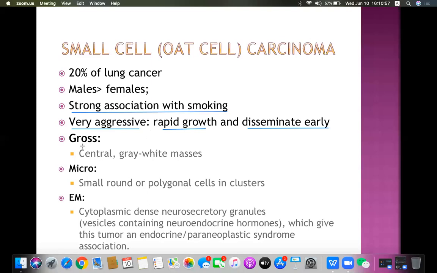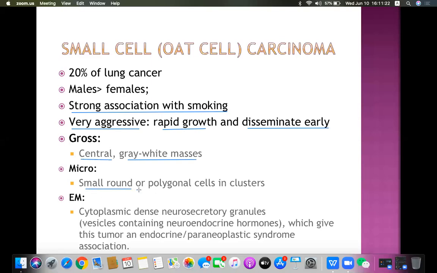Now let's talk about gross and microscopic examination. On gross examination, just like squamous cell carcinoma, it is also present toward the hilum. We call it central, and it looks gray-white as well. During microscopic examination, this is a very important feature: it is a small rounded tumor.